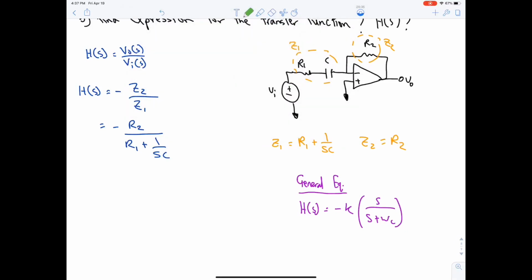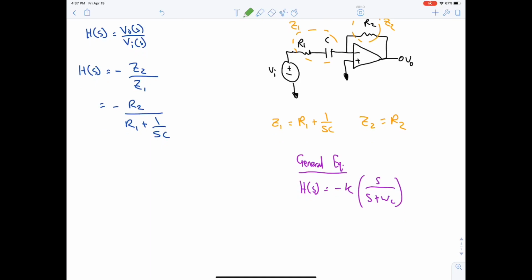First we need to take out the minus K. K is the top resistance divided by the bottom resistance, so it's R2 divided by R1. Now we need to extract those two resistances from the main expression. In the numerator it will become 1 over 1 plus, and we need to take out R1 from the second term of the denominator.